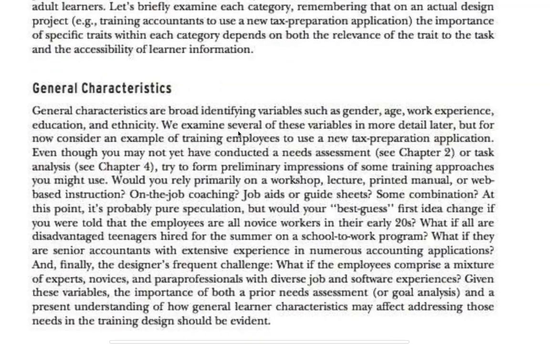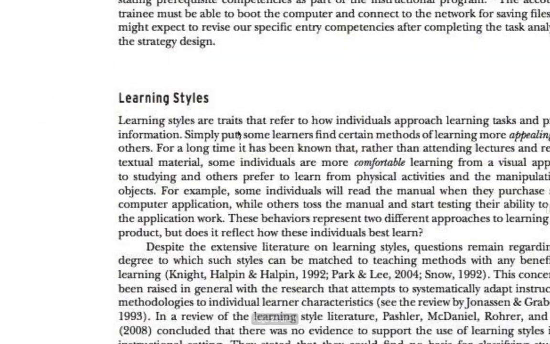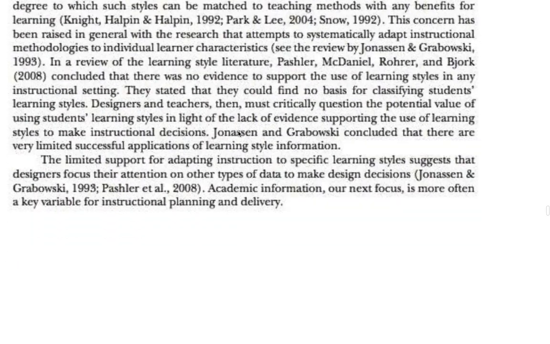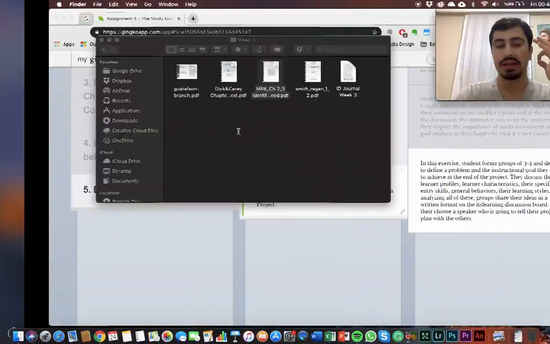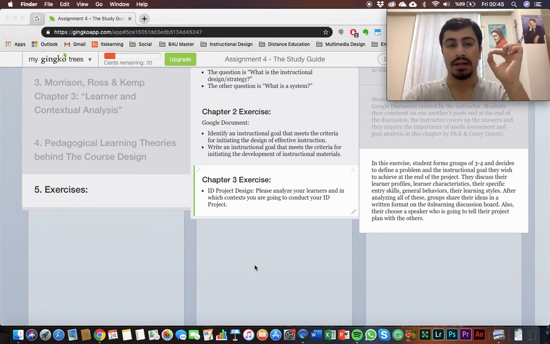Also, general characteristics, specific characteristics, and learning styles of their learners. So, defining the learner needs, learner assessments, and their context is very important, and this chapter gives a clear definition and solution for this problem, for this exercise. So the answer of this exercise lies in the chapter.